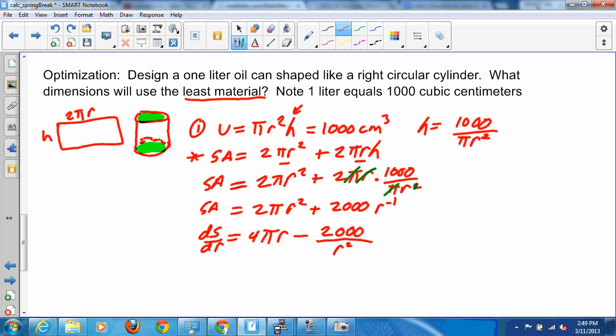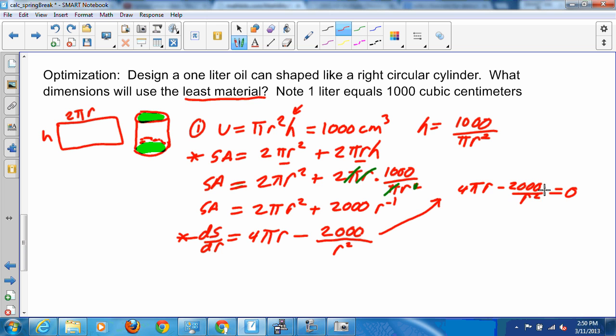So now, what do we need to do? We need to set this equal to 0 and try to solve, right? We set this derivative right here equal to 0. We would have 4 pi r minus 2000 over r squared equals 0.